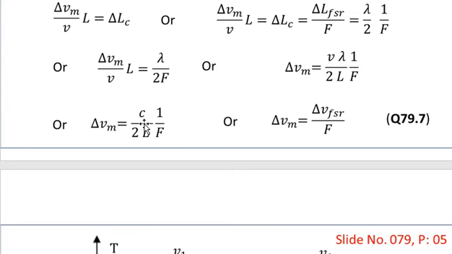So replacing c over 2L by delta nu FSR, we have the relationship that delta nu m, the minimum separation between the two frequencies to be resolved, is given by delta nu FSR, the free spectral range in terms of the frequency coordinate, divided by the finesse of the interferometer.